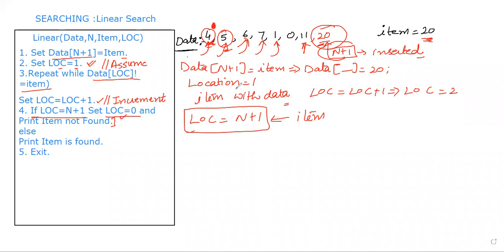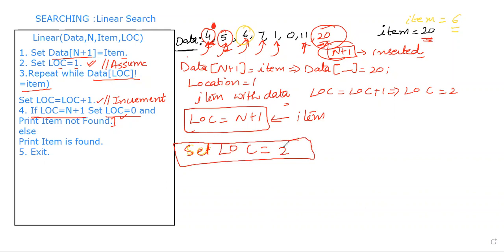Else, let's assume a case that you are trying to find item equal to 6. If item was not equal to 20 but item was equal to 6, in that case you will set your location equal to 2.